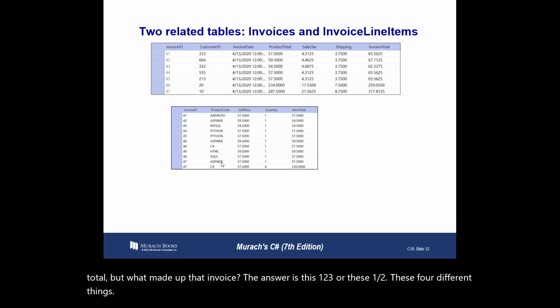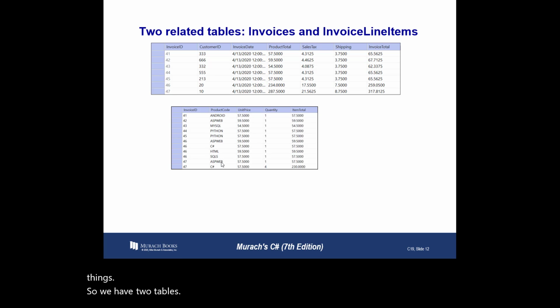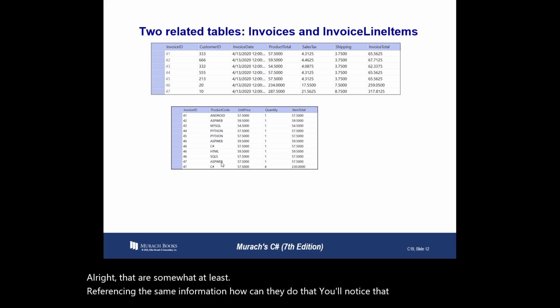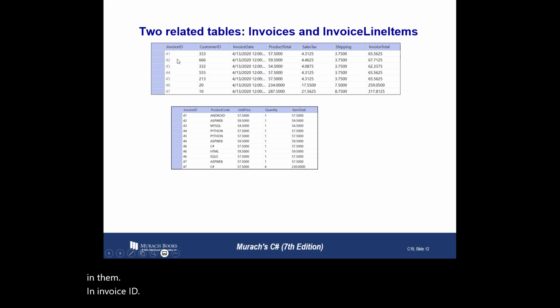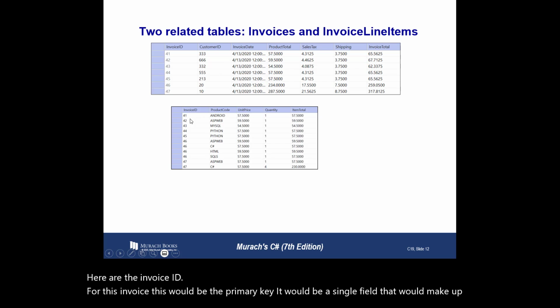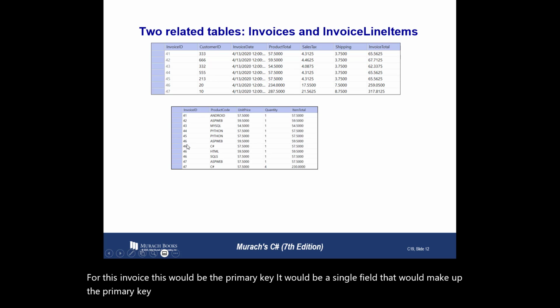So we have two tables that are at least somewhat referencing the same information. How can they do that? You'll notice that both tables have an invoice ID in them. Here, the invoice ID for this invoice would be the primary key, a single field that would make up the primary key. Here, notice we've got 46, 46, 46, 46.